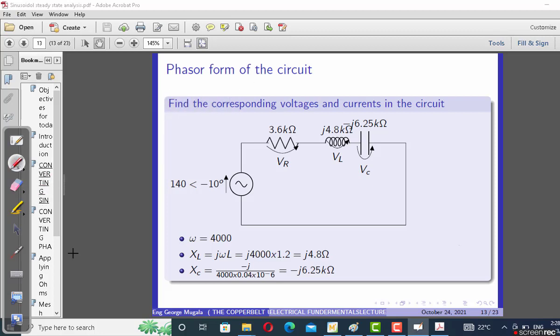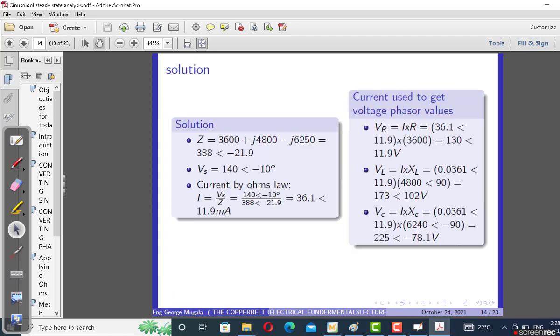Real quickly, we can now get our total resistance of the circuit. Now, what is our total resistance of the circuit?